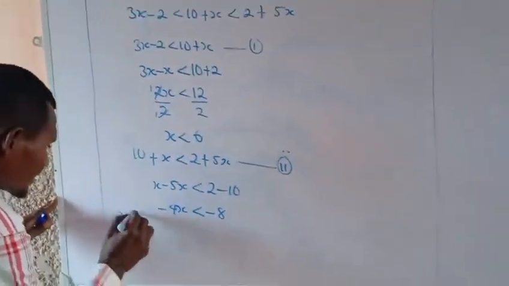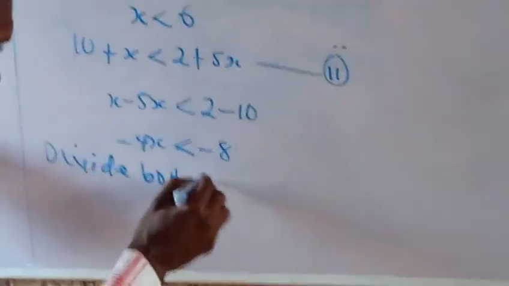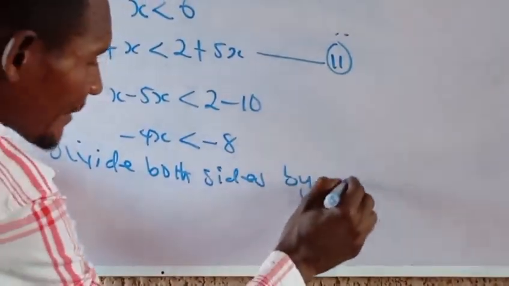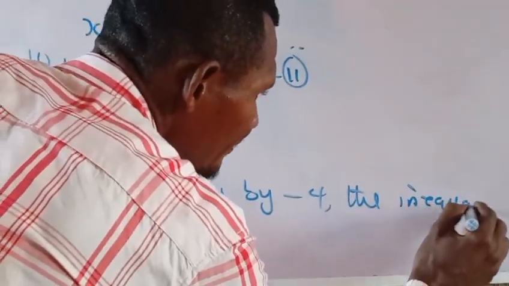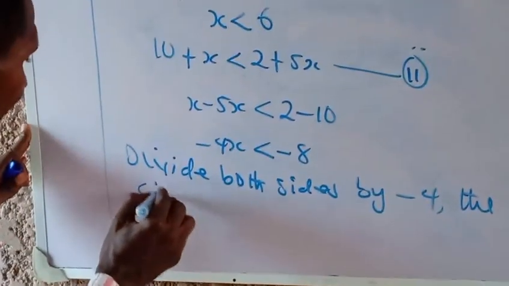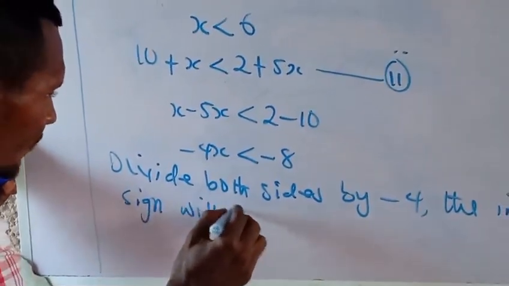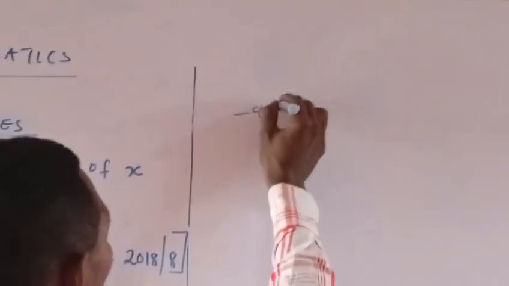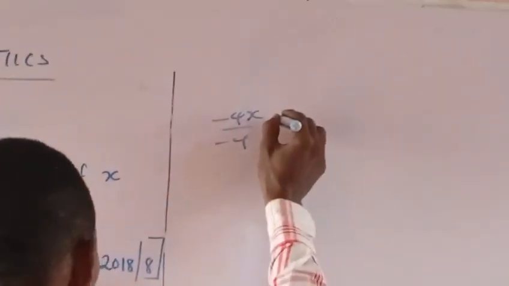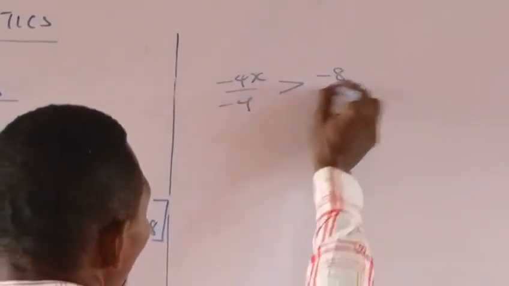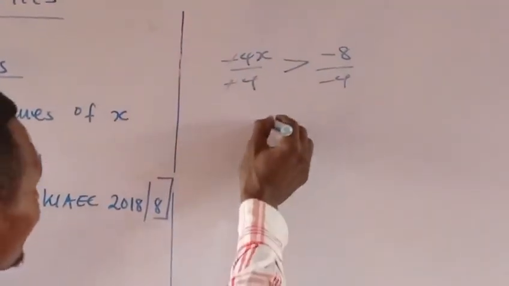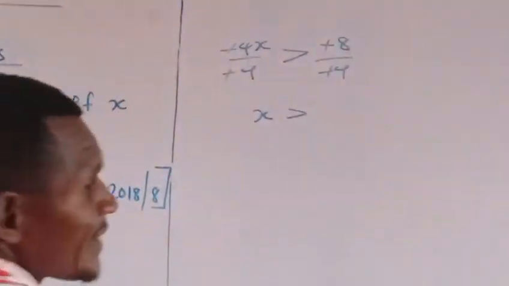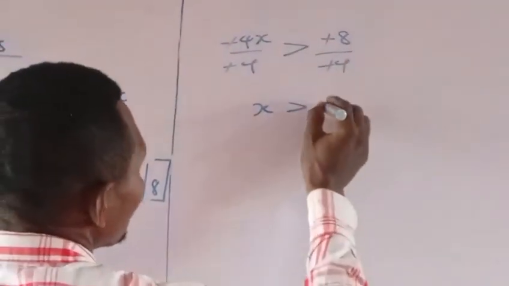So we can write this as -4x over -4 is now greater than -8 over -4. The minus cancels the minus, 4 divided by 4 is 1, and 1 times x gives us x, which is greater than 8 divided by 4, and the answer is 2.